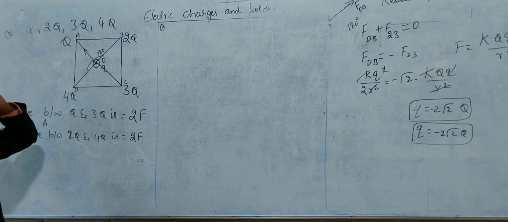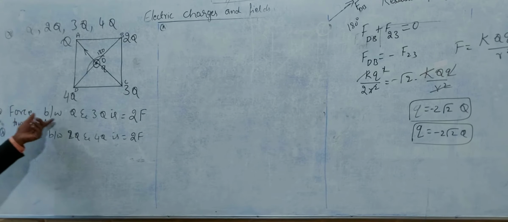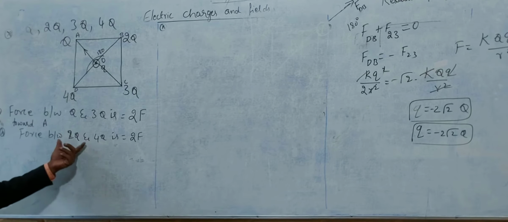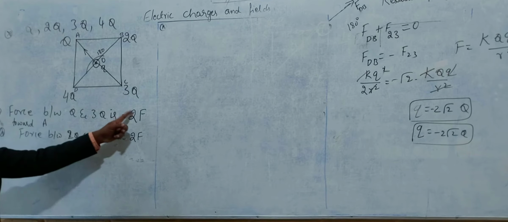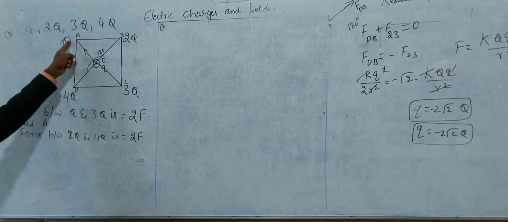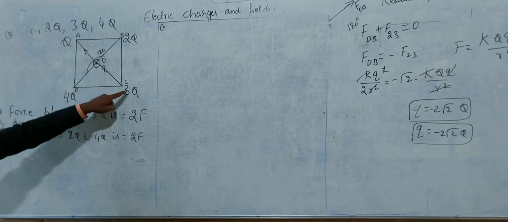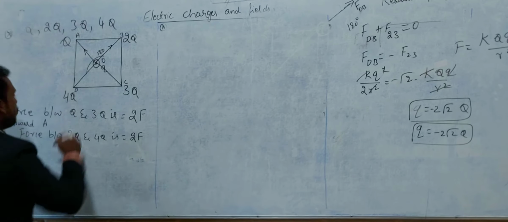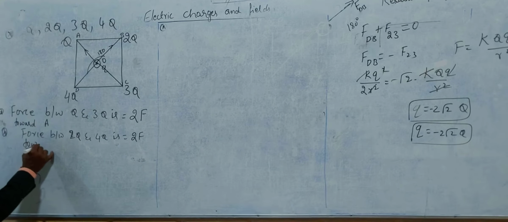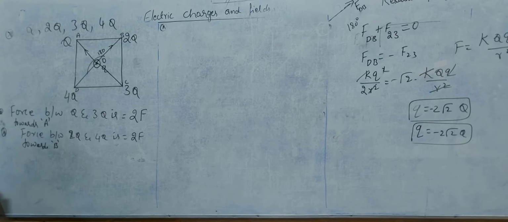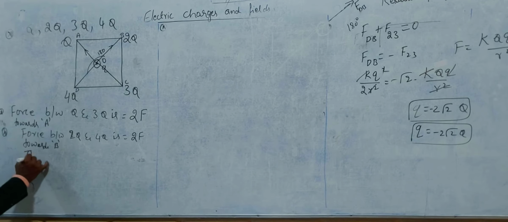Opposite kind of charges attract each other. Here the force between two charges Q and 3Q, same sign, repulsion. Here also same sign, repulsion. 2F is the resultant force at point O due to Q and 3Q charge, and also 2Q and 4Q charge. This force acts in which direction? Towards B. Towards A and towards B.